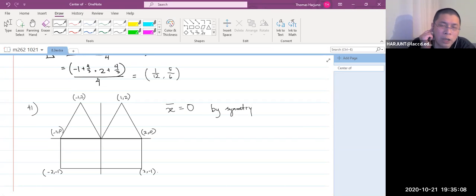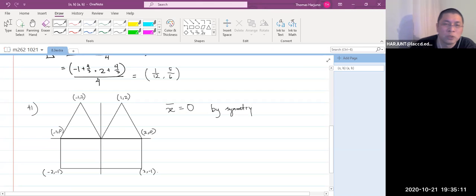So that way we can worry only for the y bar. Now, as for the y bar, the y component for this will be what? Something 2/3, right? The one here is something 2/3 also. Okay, and while this one must be 0, negative 1. Right?